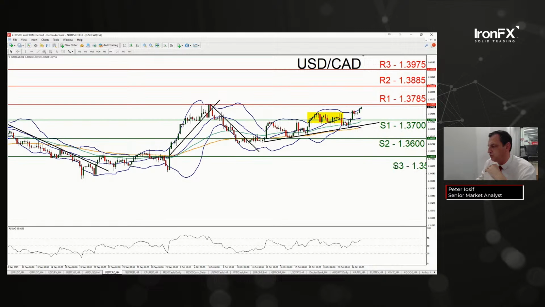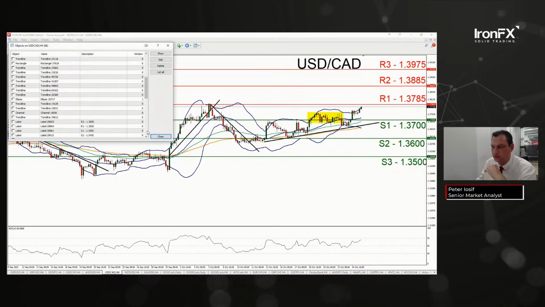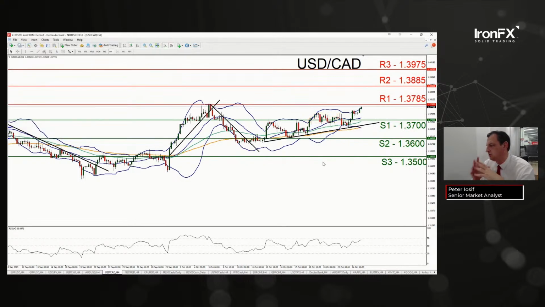For the time being, we tend to maintain a bullish outlook for the pair. Give me a sec just to clear up the chart. We tend to maintain a bullish outlook, and we base this outlook practically on 3 factors.